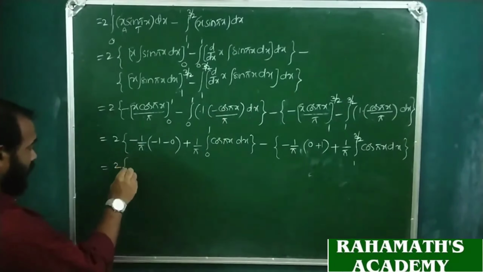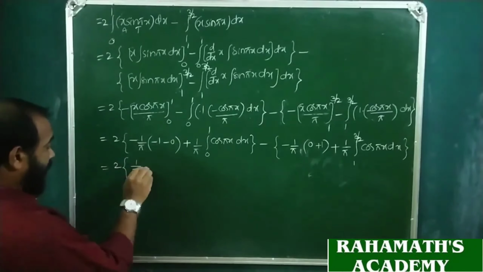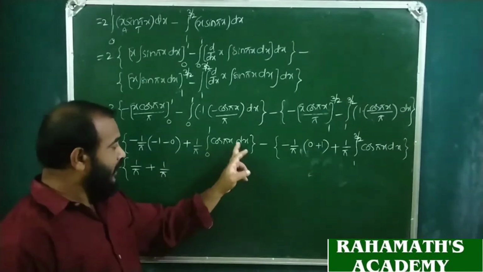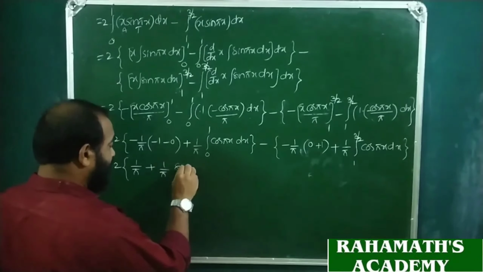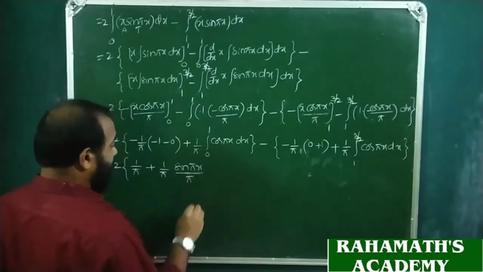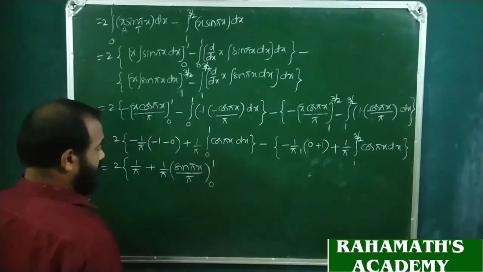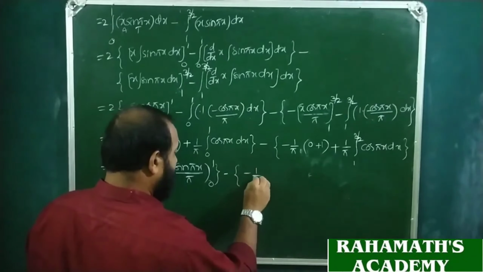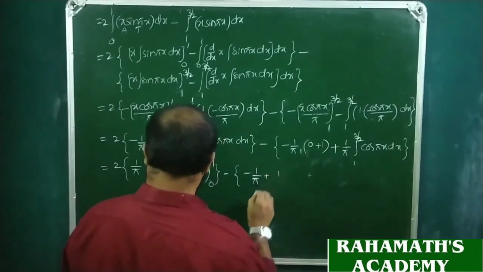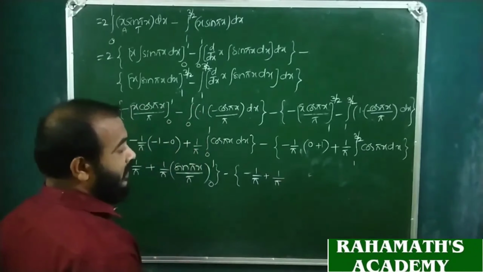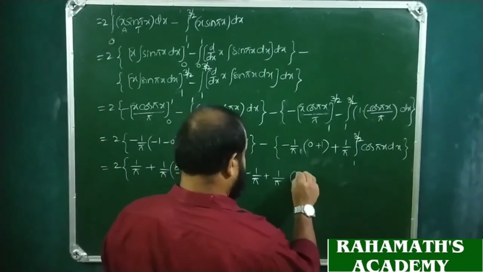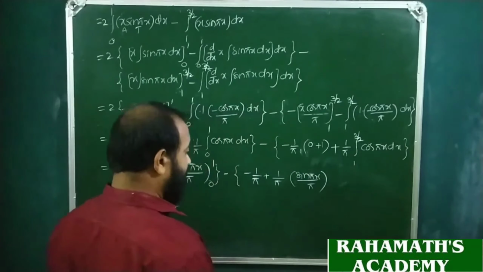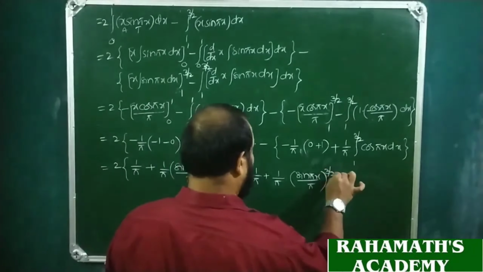So 2 into minus into minus, so this is 1 by pi plus 1 by pi into cos pi x, whose integral is sin pi x by pi, from 0 to 1, minus this is minus 1 by pi plus 1 by pi into integral cos pi x is sin pi x by pi, sin pi x by pi from 1 to 3 by 2.